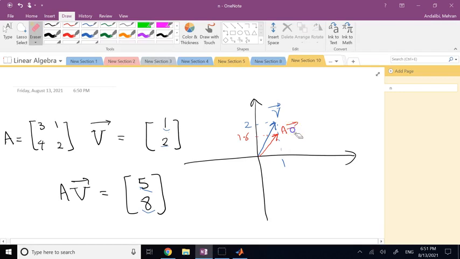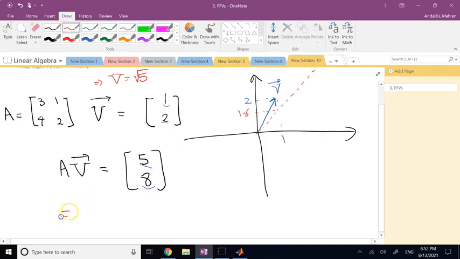If you really want the entire vector Av, that's only the line of action, okay? So it is going to be on this line, but how big? Well, the size of v is the square root of 1 squared plus 2 squared, so it's square root of 5 units. But the magnitude of Av is going to be the square root of 5 squared plus 8 squared.